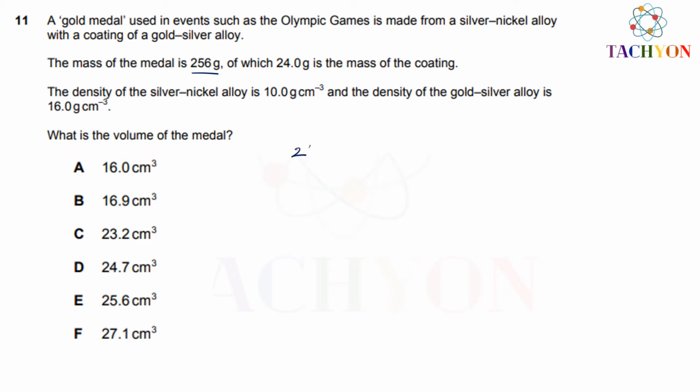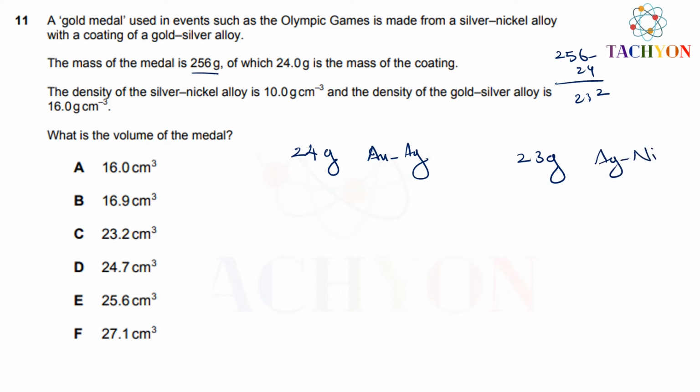So understand, 24 gram is the coating, that means the coating is gold silver alloy. And the remaining is 256 minus 24, that is going to be 232 gram of silver nickel alloy.